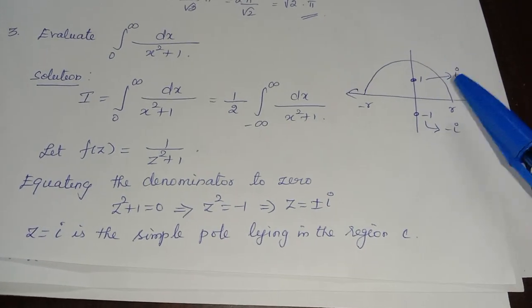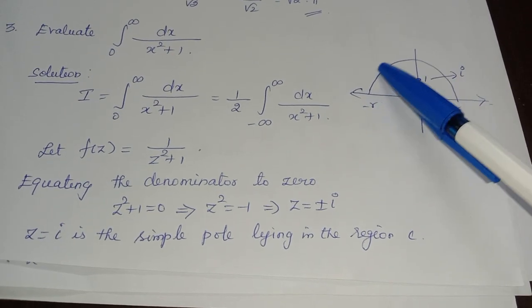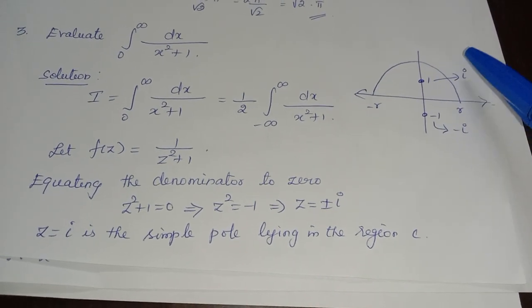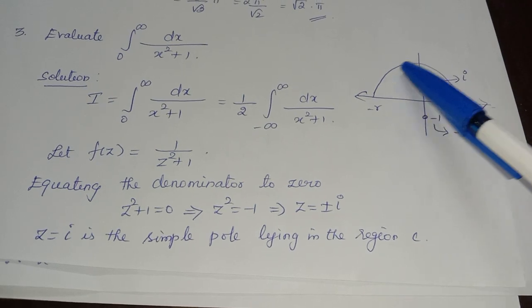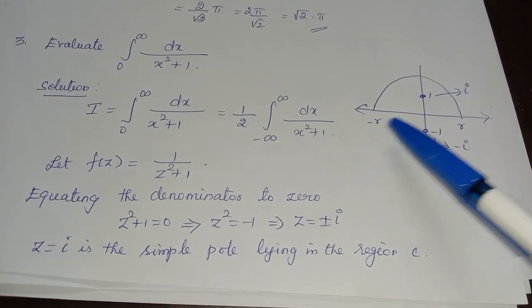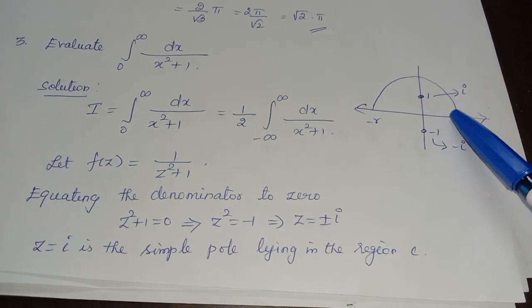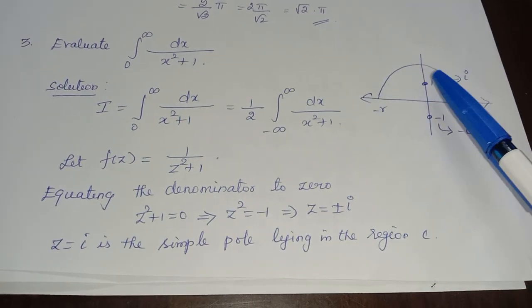Otherwise, I will say, see, I have drawn one semicircle. Let me take that circle as C1, the entire circle. The full circle is C1. It's a circle with radius R. Now I am going to take only the semicircle. That means what? Upper half plane.